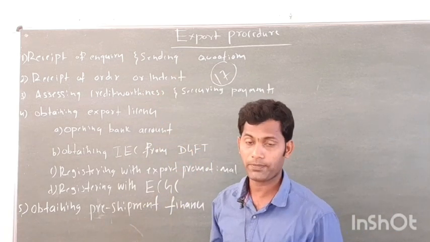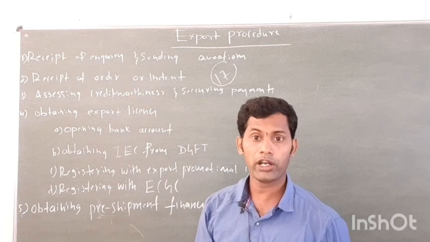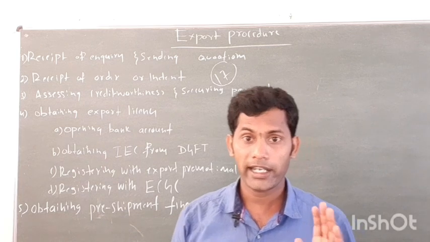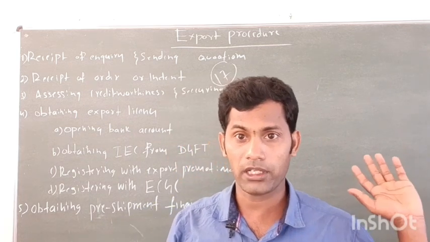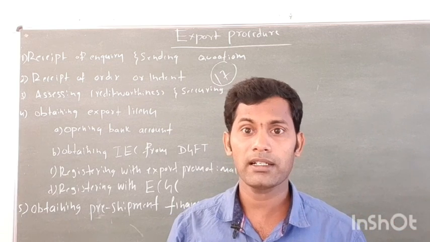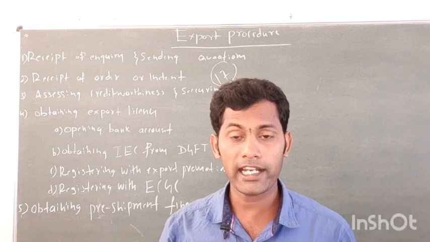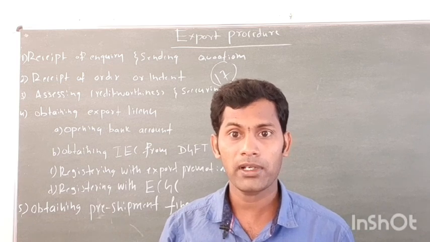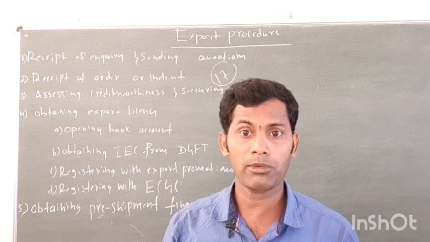It's the second step. I repeat, first of all, the prospective buyer or importer sends the inquiry to different exporters. Now the exporters send a quotation. The quotation includes the product name, product quality, product price and size, all the information about the price.